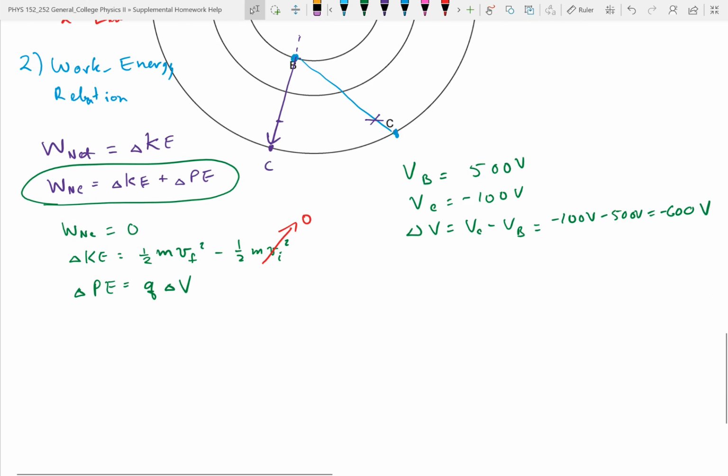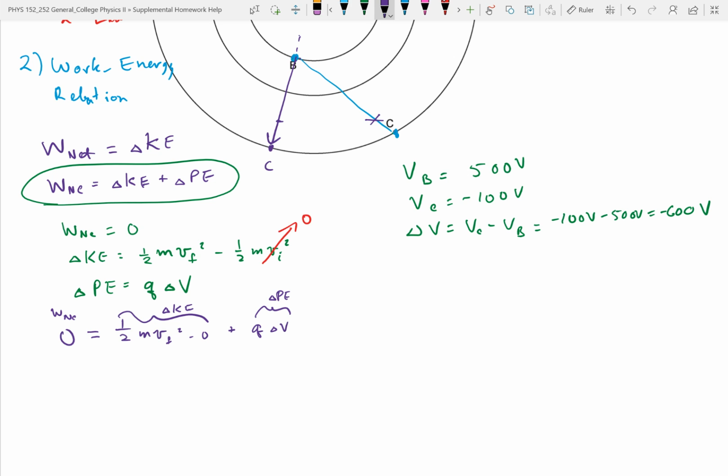Now let's put everything into our equation. We're going to have 0, the work non-conservative, equal to 1/2 m v final squared minus 0. That's my change in kinetic energy, plus q delta V. That's my change in potential energy.